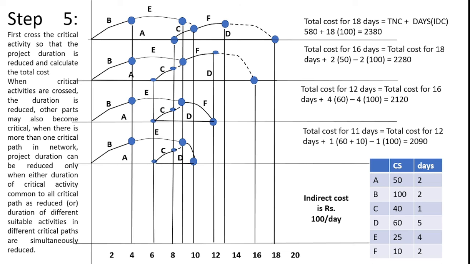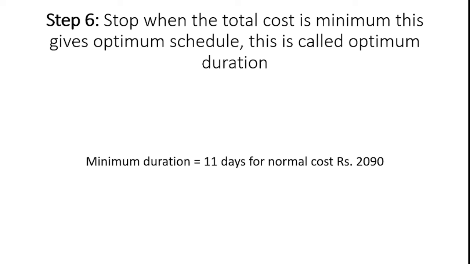When there is more than one critical path in the network, project duration can be reduced only when either the duration of a critical activity common to all critical paths is reduced, or the durations of different suitable activities in different critical paths are simultaneously reduced. After completing this step, we can go for writing the result.